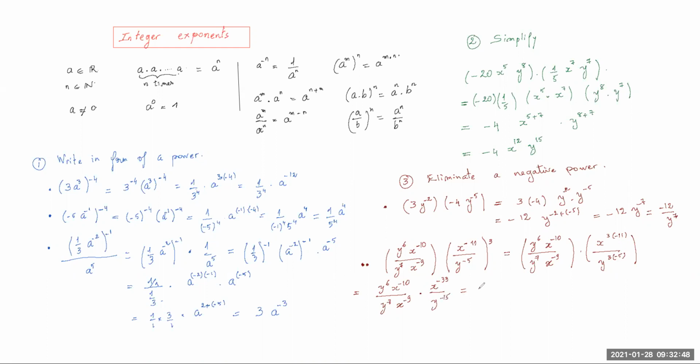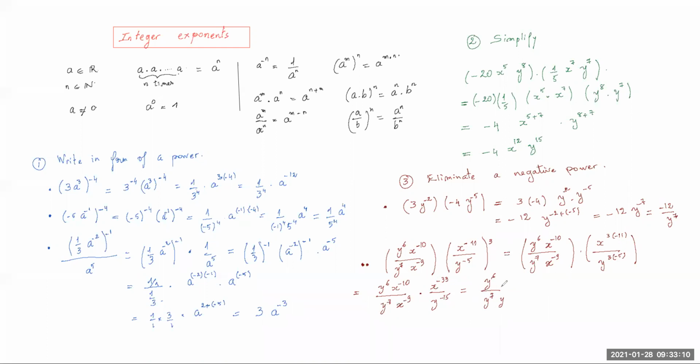Okay, so let's group the x's and the y's, for example. Why not? So I will have y6 over y7 and multiply, denominator with denominator, and separate.